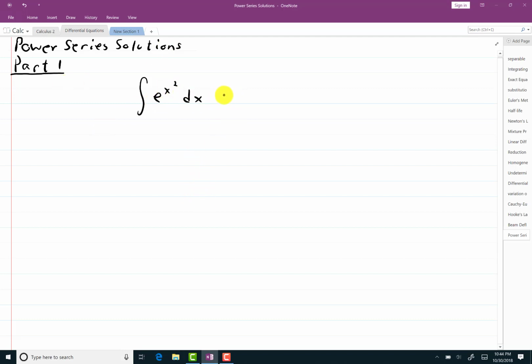However, you could rewrite that as the summation k equals 0 to infinity of x to the 2k over just k factorial.